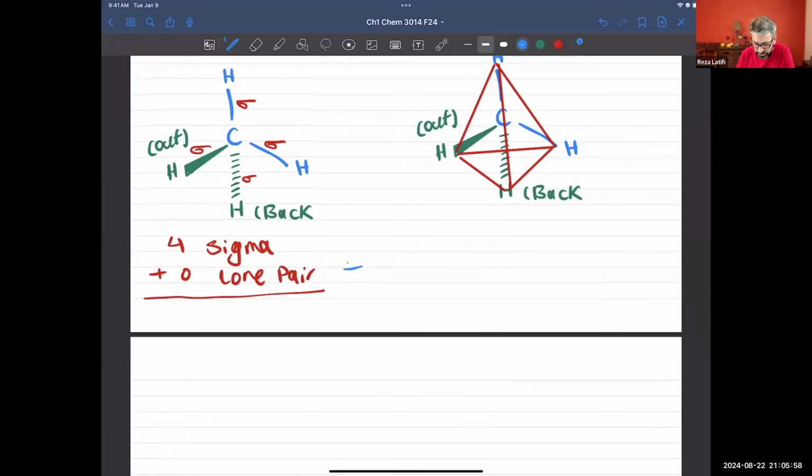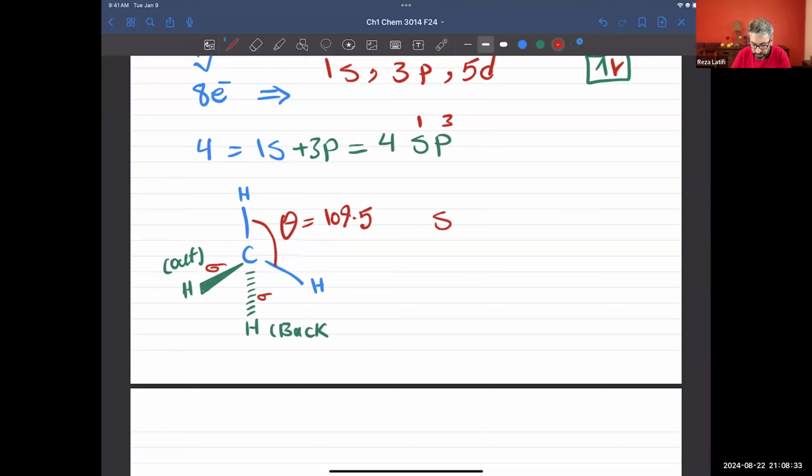What's going to be the bond angle? If you don't have a lone pair, the bond angle will be 109.5, a perfect tetrahedral. Or how about this? Anytime you get hybridization of sp3, the expected theta is 109.5.